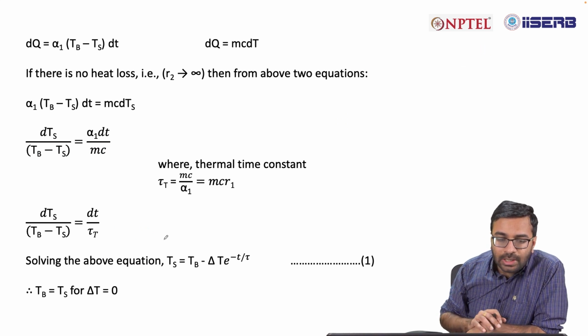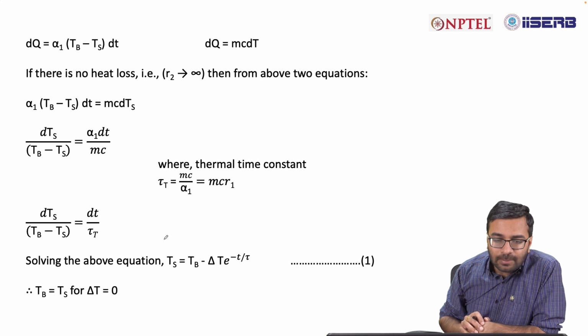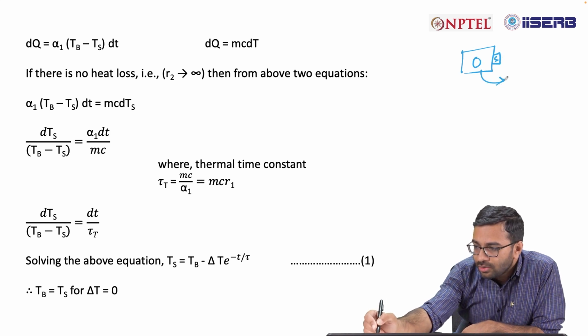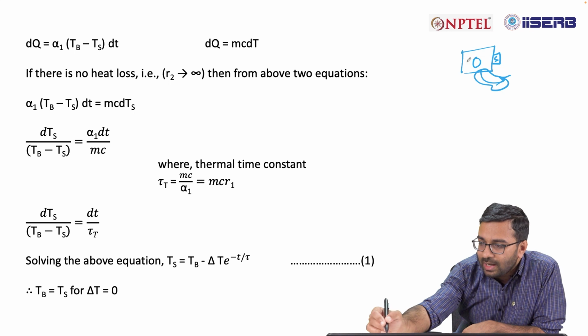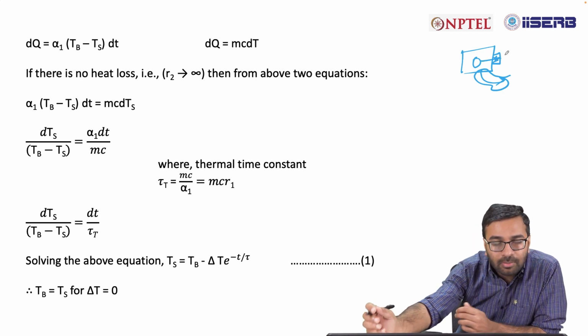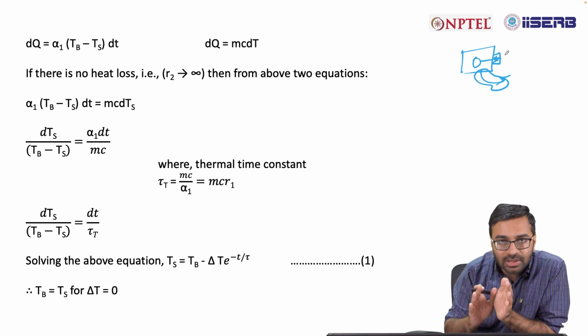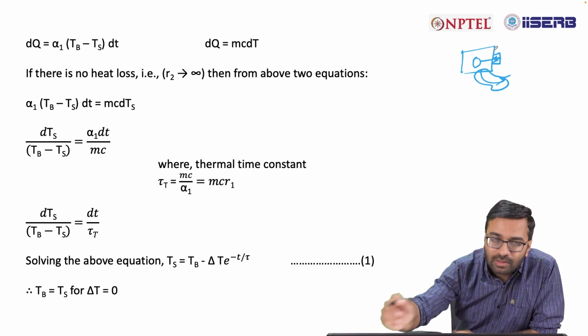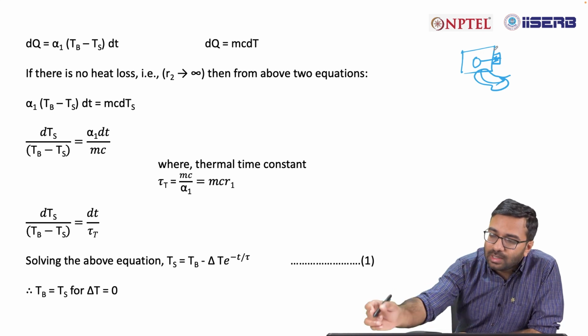So if you don't consider any heat loss, then obviously your R2 is infinite, because heat loss can only happen between the object and environment. So if there is no heat loss, then the entire heat is transferred to the sensor, and whatever is transferred gets absorbed by the sensor itself.